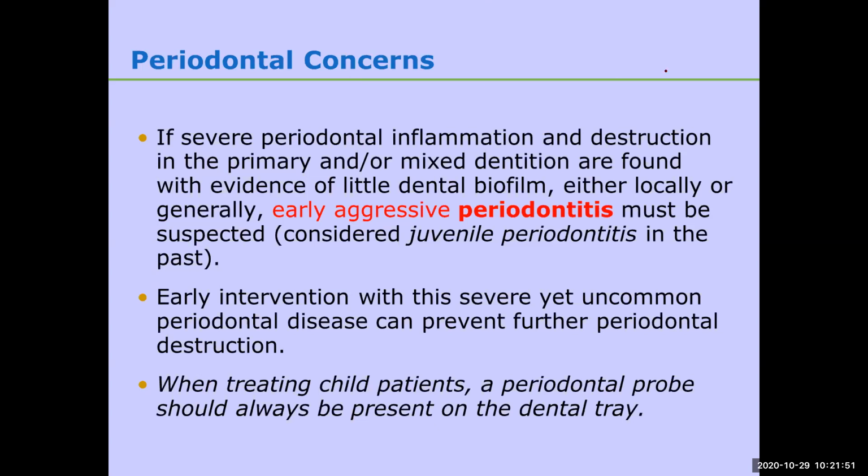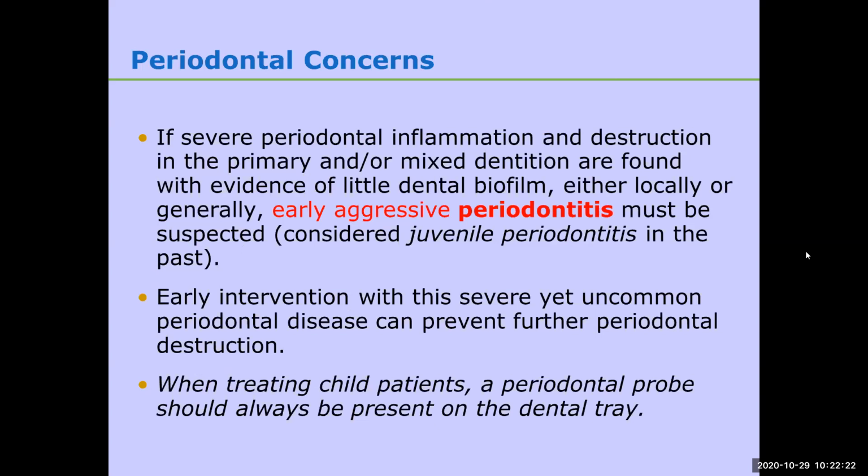For periodontal conditions, most kids have gingivitis if they have anything, but there's something called early aggressive periodontitis that used to be called juvenile periodontitis in the past. We call it JP, but the classifications have changed a couple times since I was in school. And that's where early intervention is really important. So we need to be taking radiographs. We do need to probe.